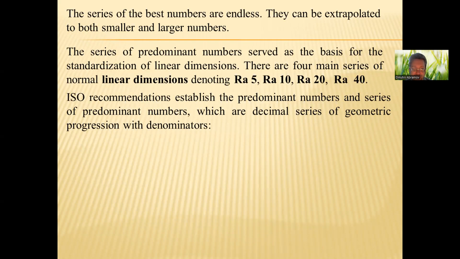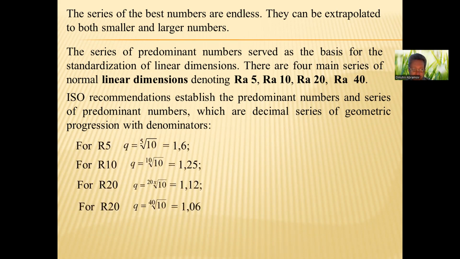ISO recommendations establish the preferred numbers and series of preferred numbers, which are decimal series of geometric progression with denominators. For R5, Q will be equal to 1.6. For R10, Q will be equal to 1.25.